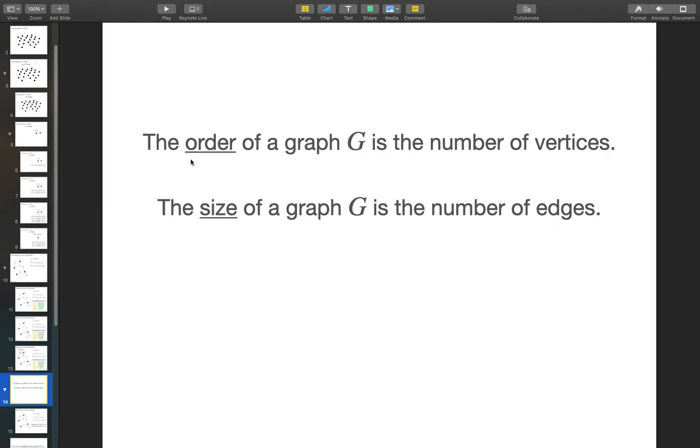At yan nga ay order and size. So when we say order of a graph, we are referring to the number of vertices. And when we say size of a graph, we are talking about the number of edges. Size is to edge, order is to vertex. Okay?